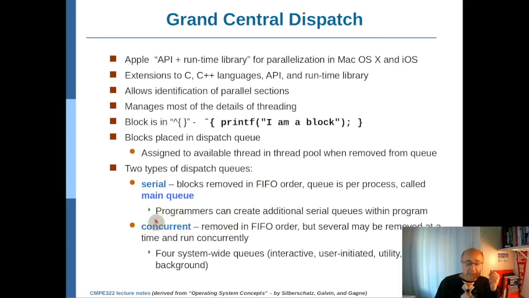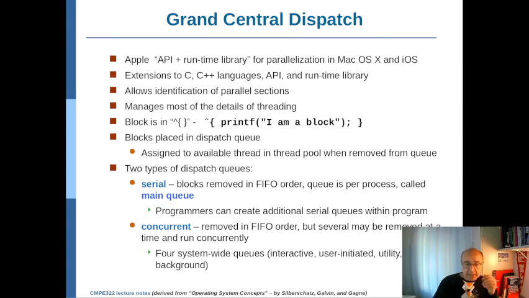However, in the case of a concurrent queue, again, it's processed in FIFO order, but instead of removing the tasks one by one from the queue, it can remove multiple tasks at a time and run them concurrently. That's why it's called a concurrent queue.